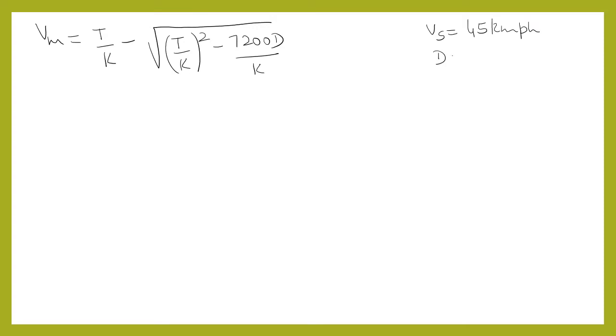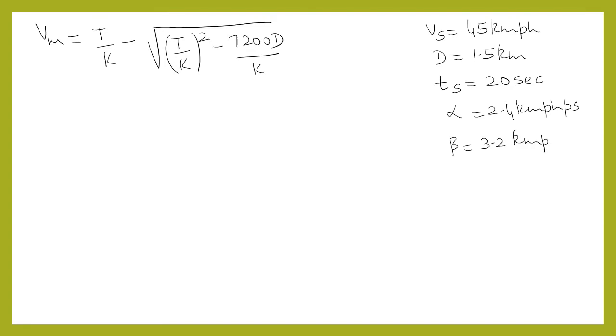The distance between stops is 1.5 kilometer. The time of stop is 20 seconds. The acceleration value is 2.4 kilometer per hour per second. Retardation value is 3.2 kilometer per hour per second.